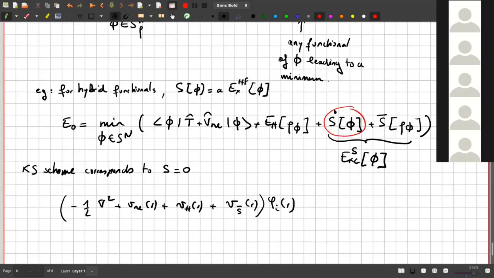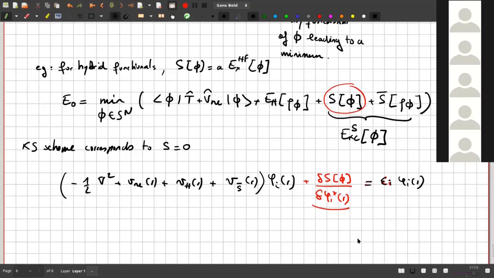And because it is not a functional of the density, but a functional of the Slater determinant, you will have a term that is more complicated, that I can write as the derivative of S with respect to phi_i star of r. And this will, for example, for the case of the Hartree-Fock exchange, give you a non-local potential. We will see that in part 2 if we have time. And so this is called the generalized Kohn-Sham equation, which is in practice again what we actually use for these hybrid approximations. So it is important.